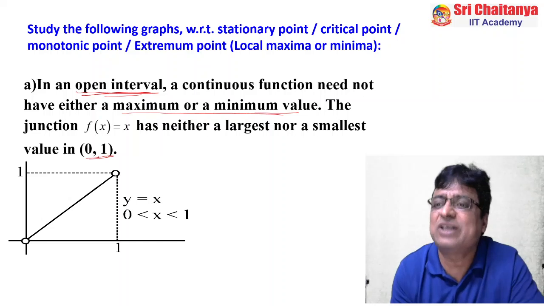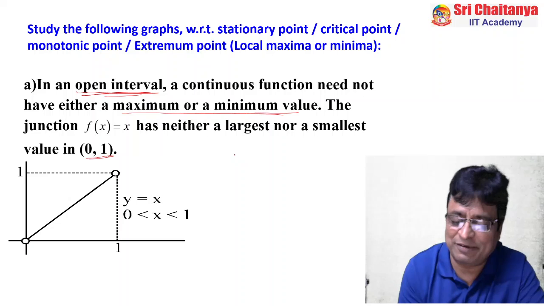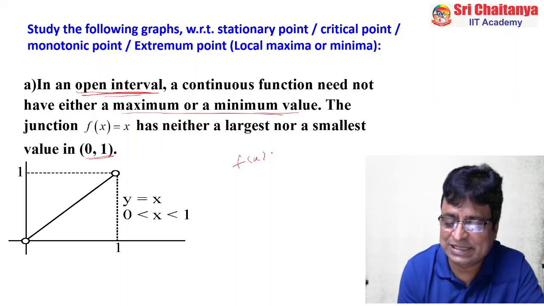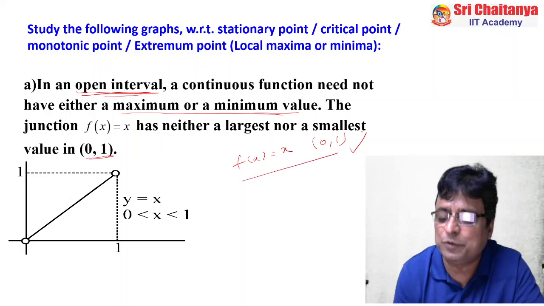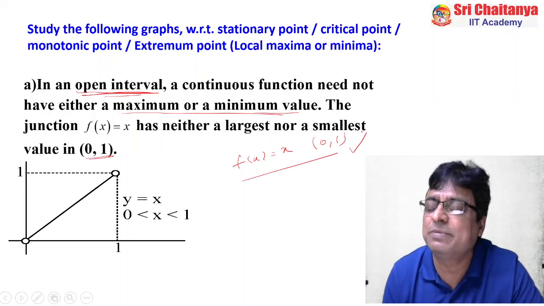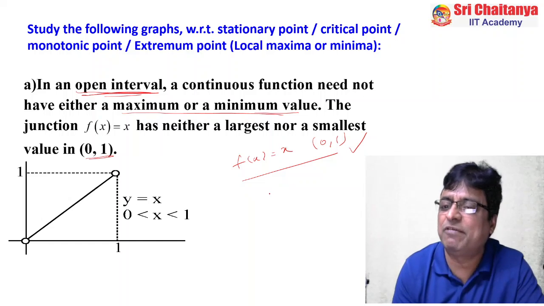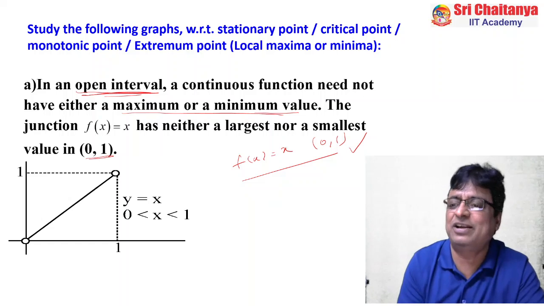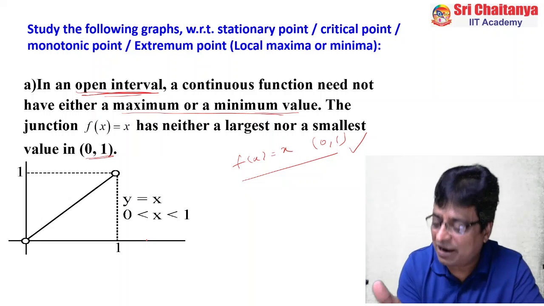If anybody asks you to find the minimum and maximum of f of x equal to x defined in the open interval 0, 1, don't say that f of 0 equal to 0 is the minimum and f of 1 equal to 1 is the maximum, because they do not exist. Those points 0 and 1 are not in the domain.